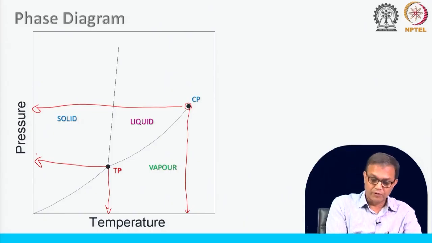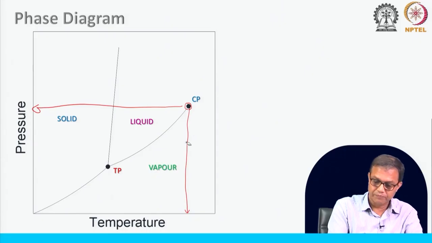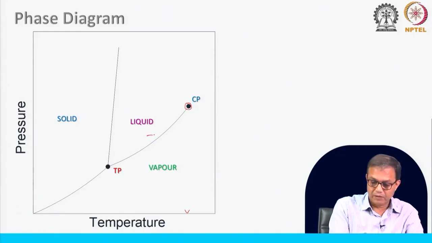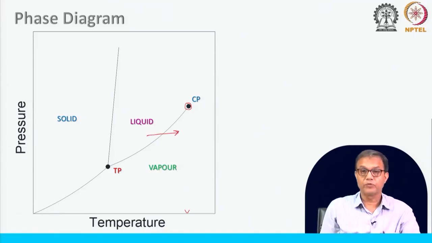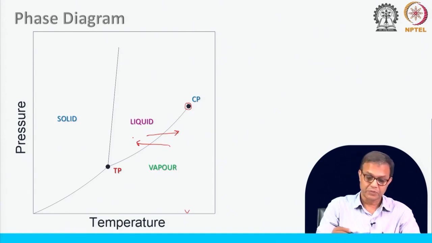If we move from the liquid part to the vapor region, we say that the liquid is vaporizing, and from vapor to liquid we say that it is condensing.